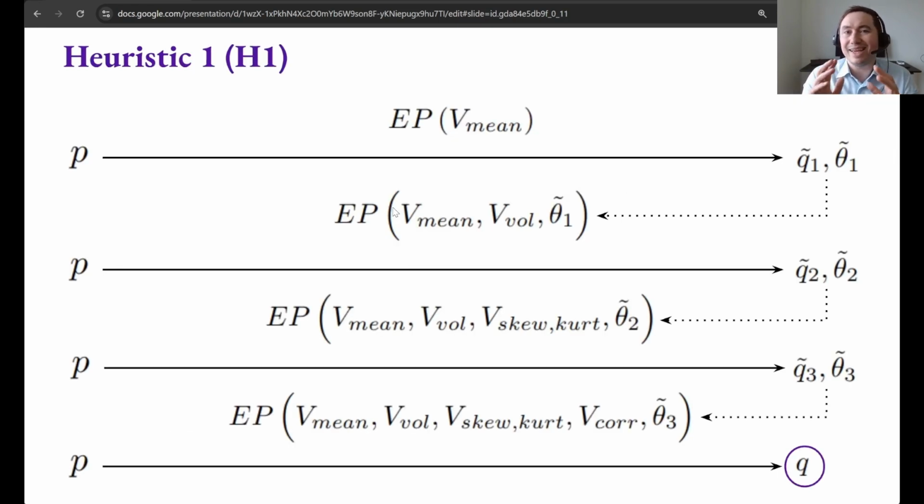The essence of sequential entropy pooling is to take the different kinds of views that we have and partition them into specific classes, and then we perform multiple entropy pooling updates, and we only fix values when absolutely necessary. So for the first heuristic, let's say we have views on the mean, volatility, skewness, kurtosis, and correlation. We can also have views on variances and CVaR, and I will talk about it a bit later.